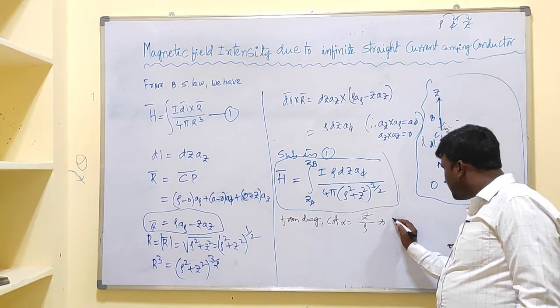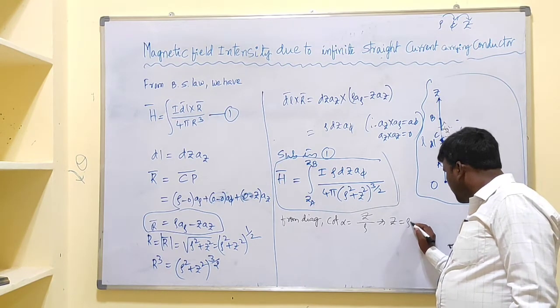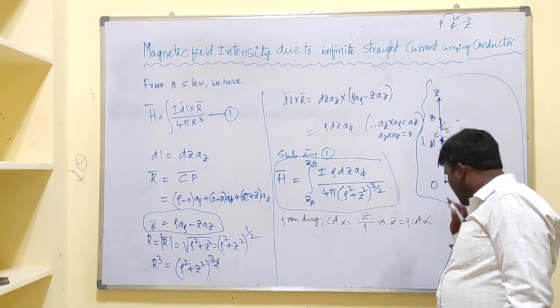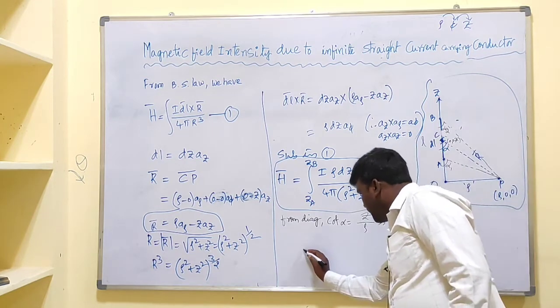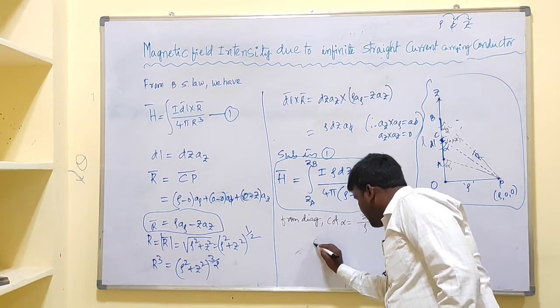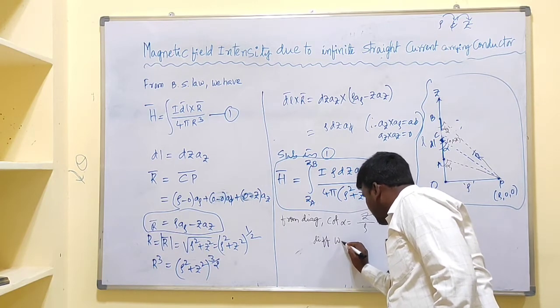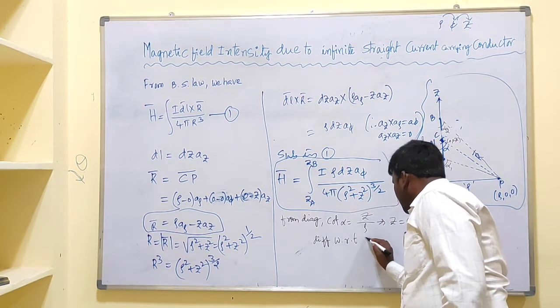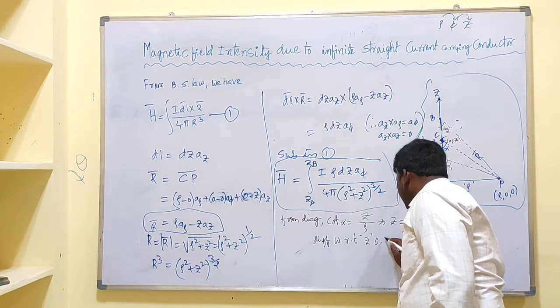z equal to rho into cot alpha. Then differentiate with respect to z on both sides.